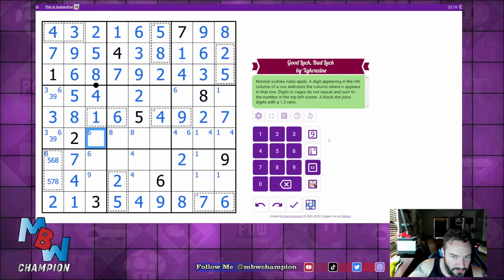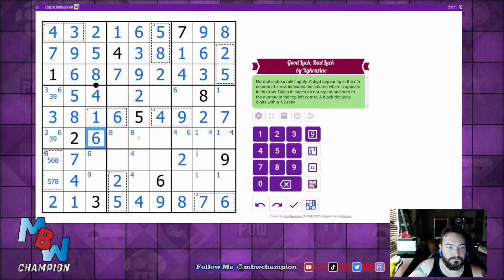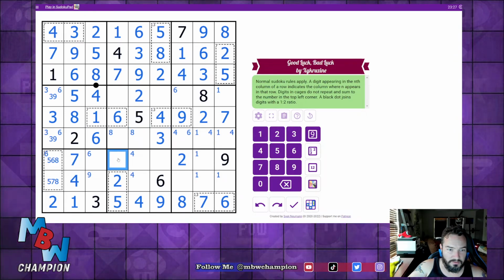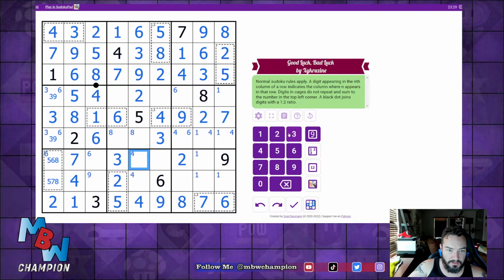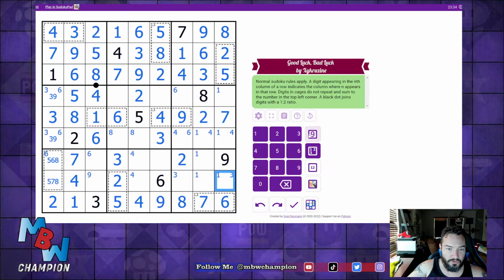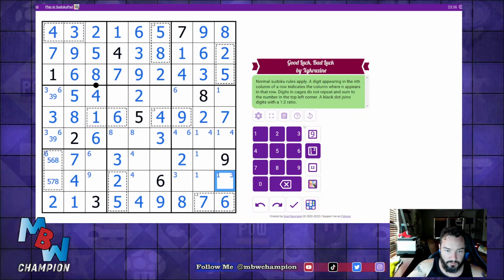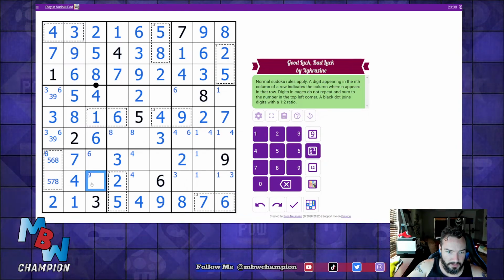Which makes that a 6. So the 6th is right there. That checks out. It's a 3. 3 is either going to go right here, right here. So this is either going to be a 9 or a 7, and that's true.